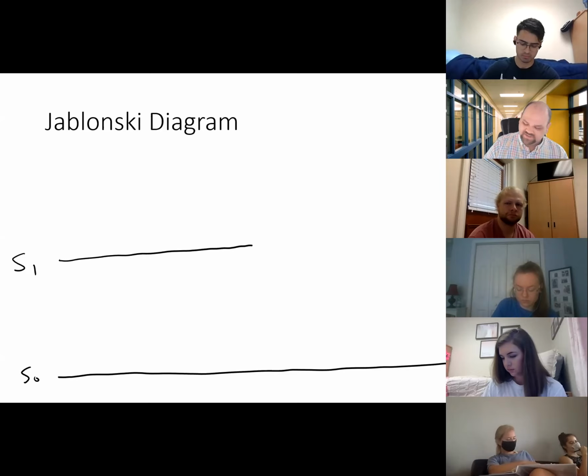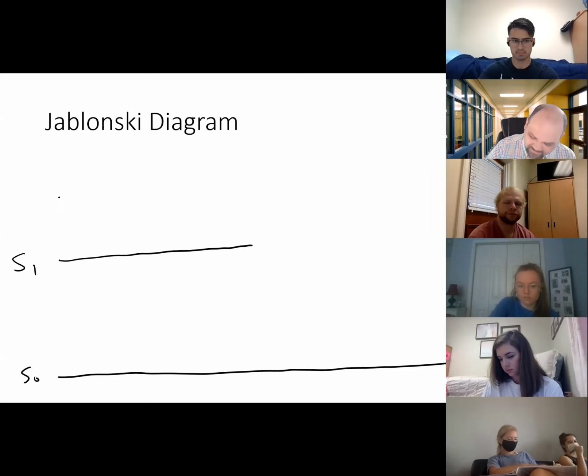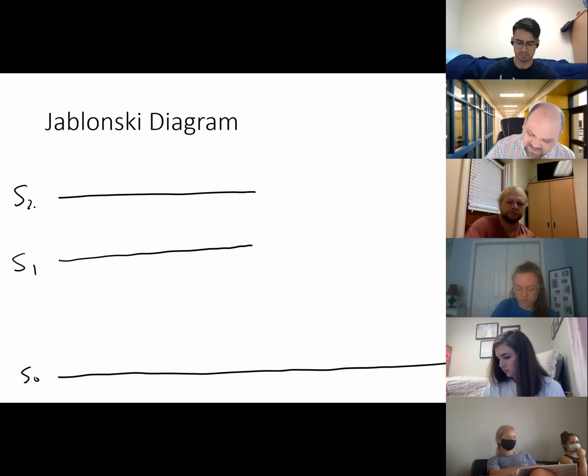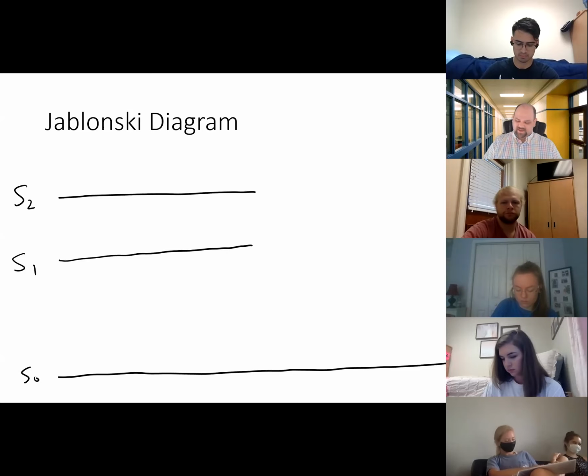And S2, is it going to be equally spaced? Farther away, closer? Closer. Yeah, so S2 is going to be a little closer to S1 than S1 is to S0.